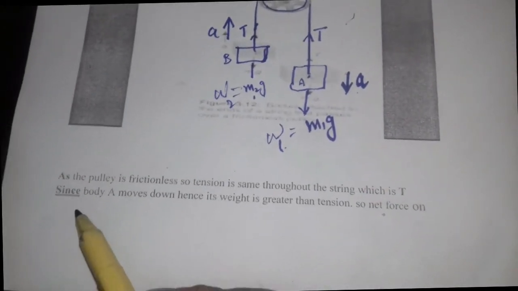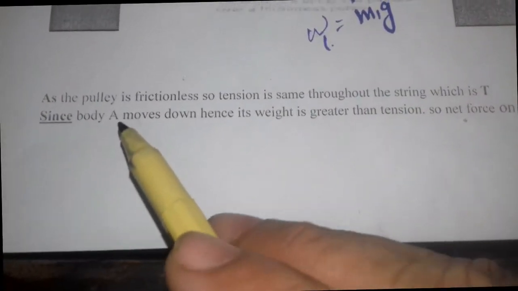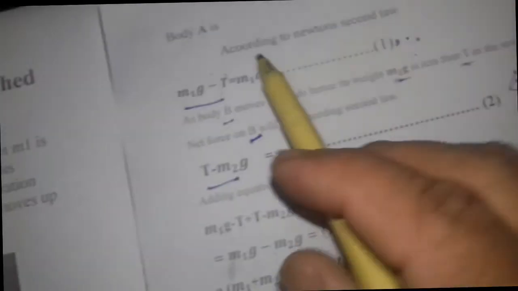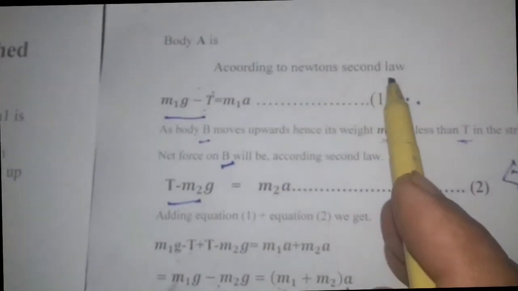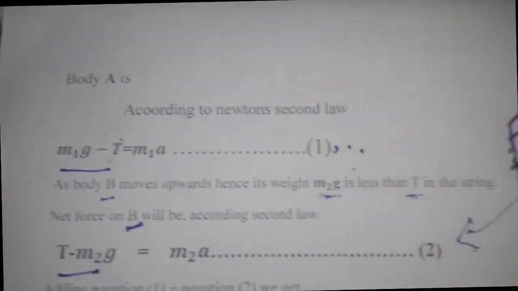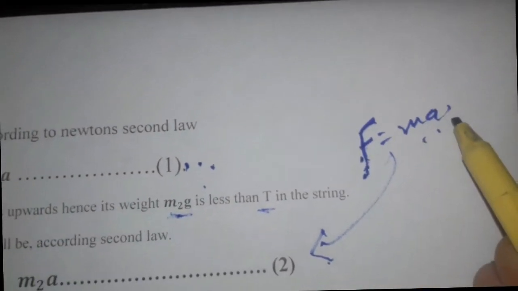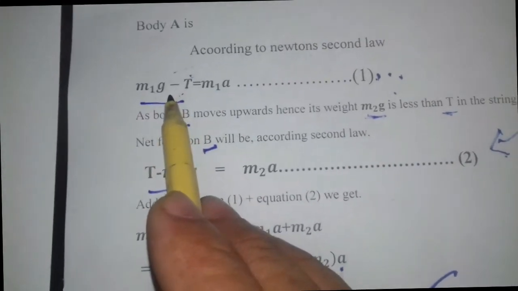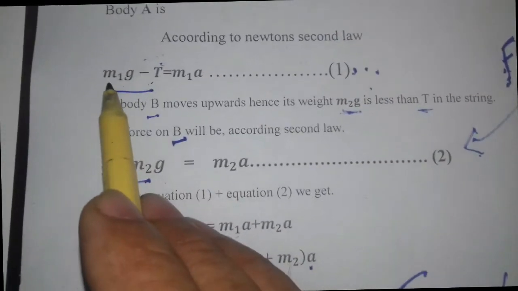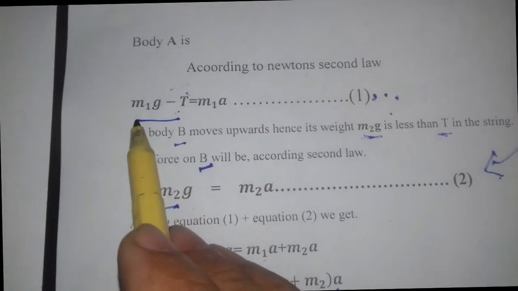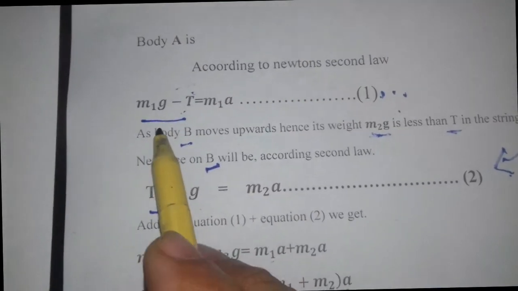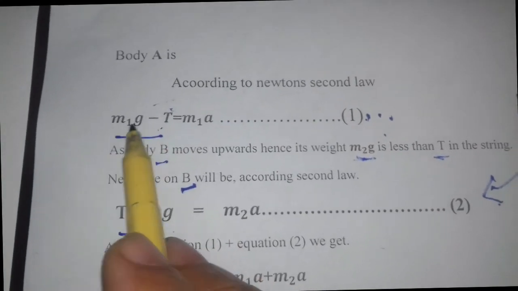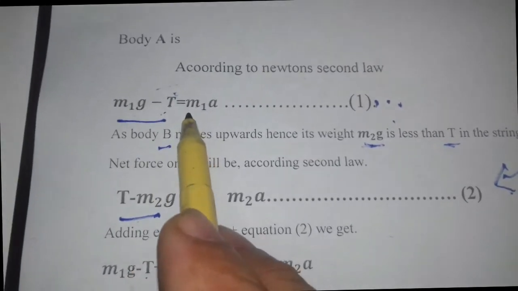Now let us consider the forces on body A which cause it to move downward. According to Newton's second law of motion, F equals ma. We have m1g greater than T, because the tension T in the string is smaller than m1g, so the net result is m1g minus T, by subtracting the smaller force T from the greater force, equal to m1a.